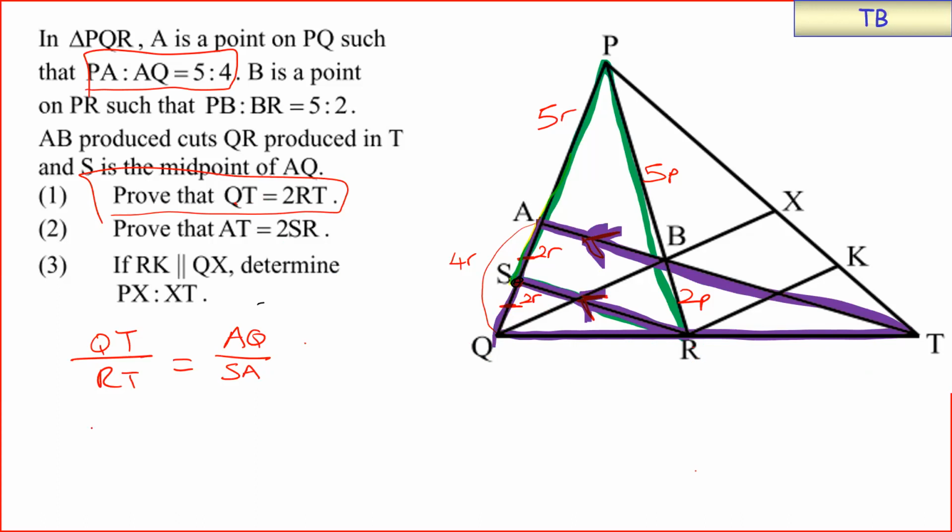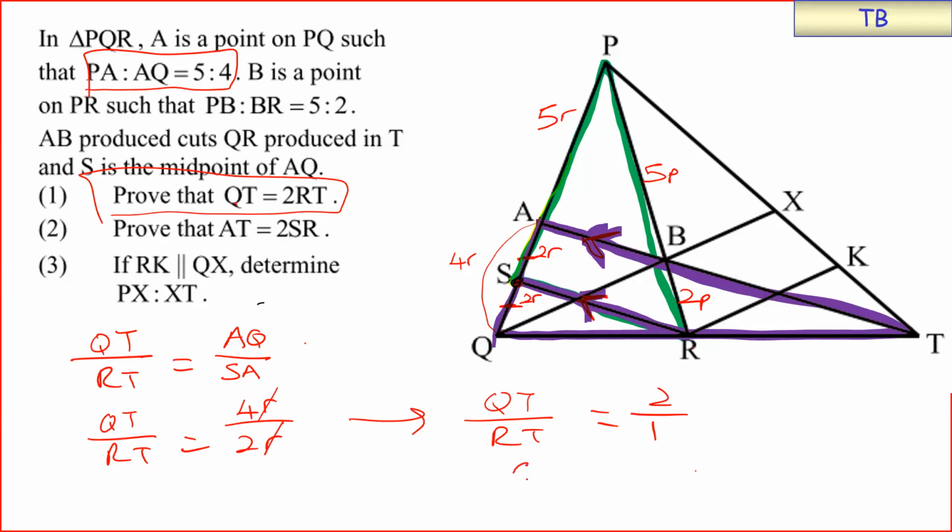Now AQ is actually 4R, and SA is 2R, so we don't need to use the R's. Can you see that? So in other words, we got QT over RT, and 4 divided by 2 is 2 over 1. Cross multiply, you would get QT is equal to 2RT.